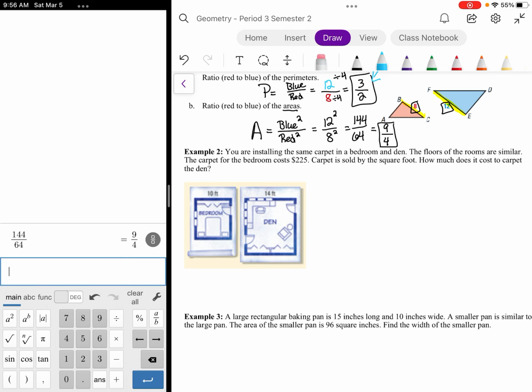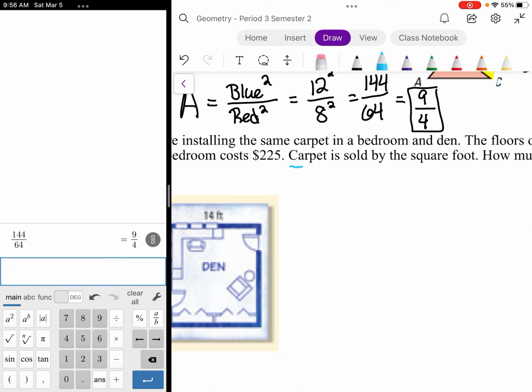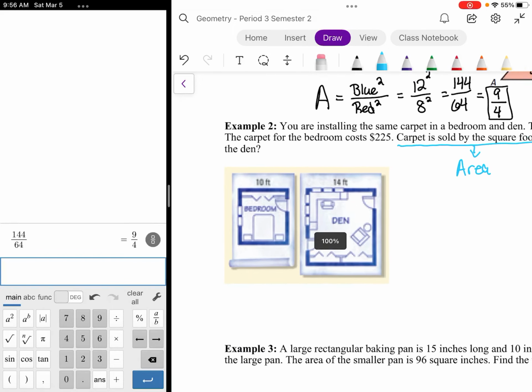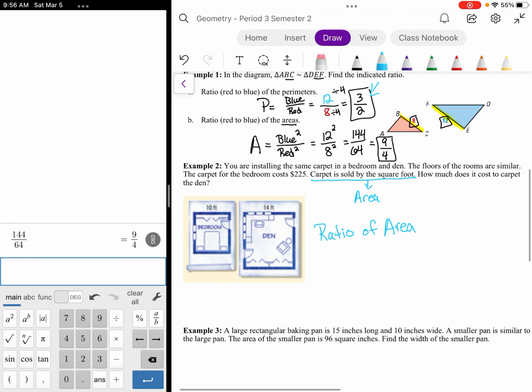Okay. So first thing, they tell us that the carpet is sold by the square foot, which implies we're working with area. So we're going to set up a ratio of area. And we can set this up with any one that we would like on top.